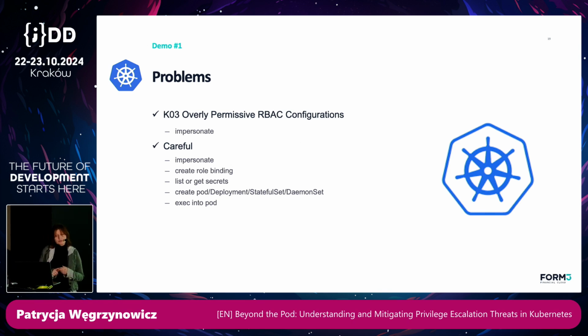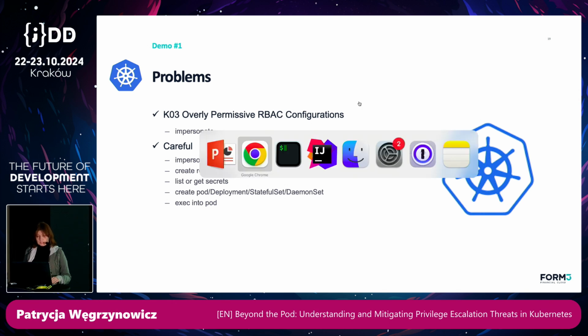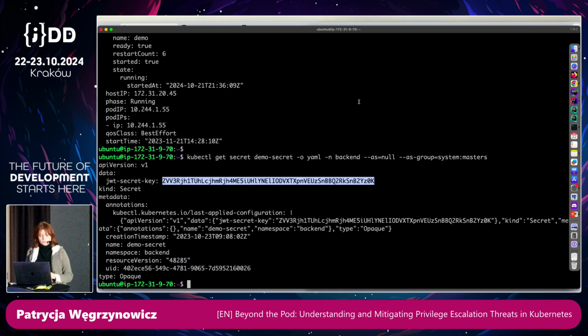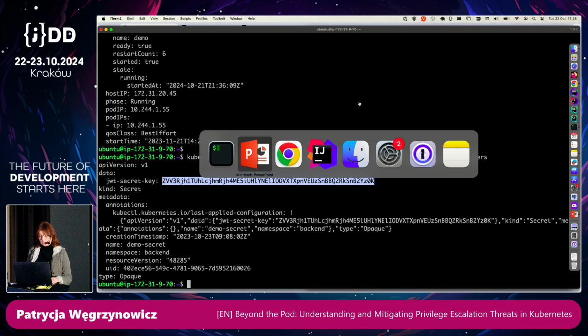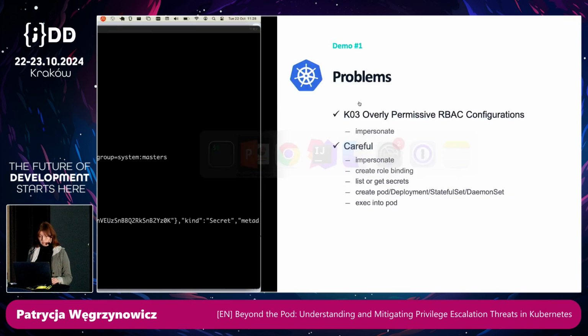And also creation of new pods, deployments, stateful sets, daemon sets, etc., together with execution into pods. Those are pretty dangerous. Why? Because it seems like creation of a new pod, for a given namespace, shouldn't be a big problem. So I will show you that actually it can lead to a compromise of a cluster.